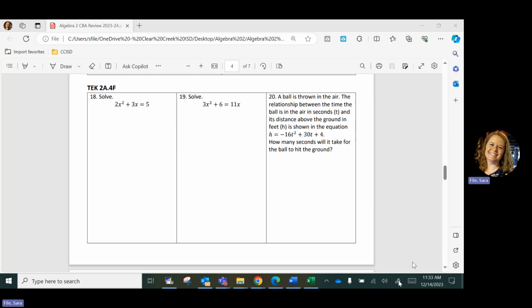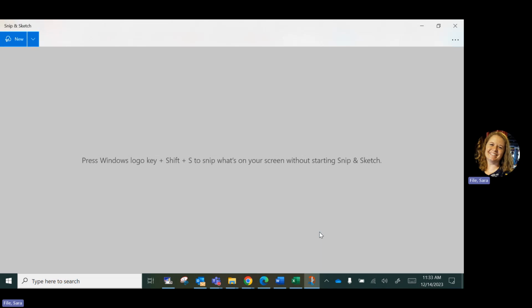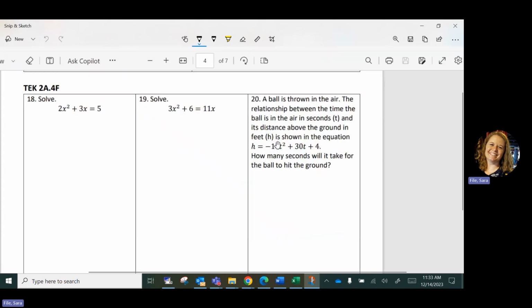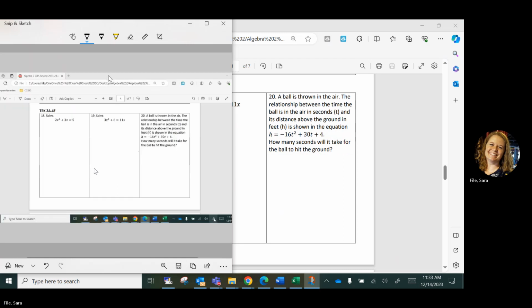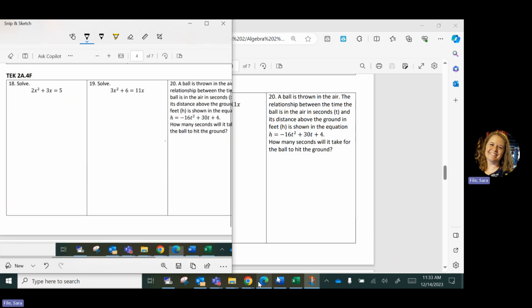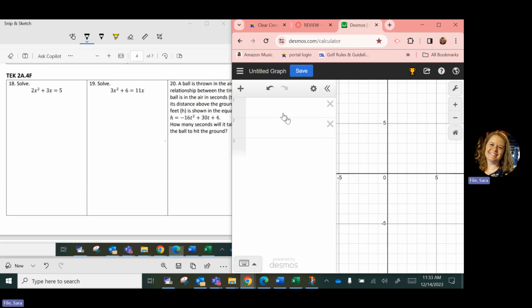So I just want to show you how to make sure you've got them plugged in correctly and what you're looking for there. Okay, and then let me pull up Desmos on the other half of my screen. Here we go. So number 18 says to solve this, all you have to do is plug this in.